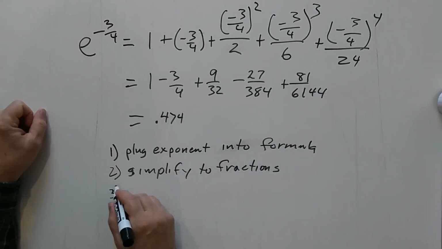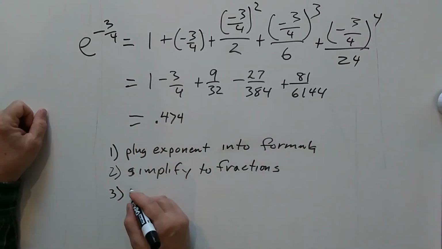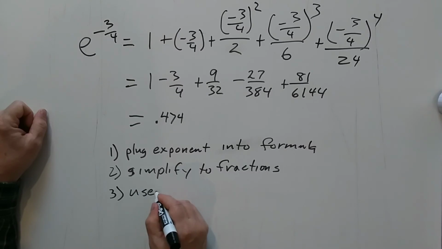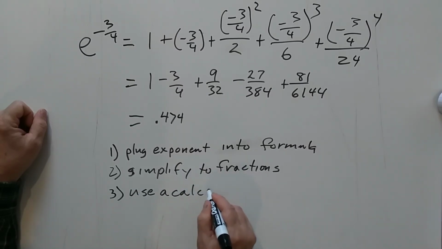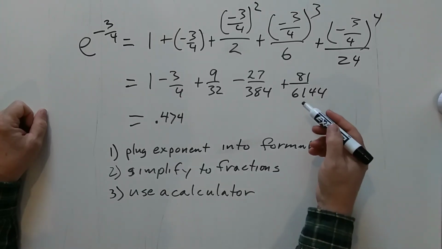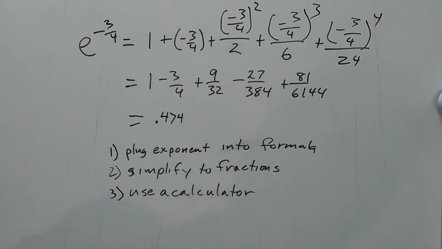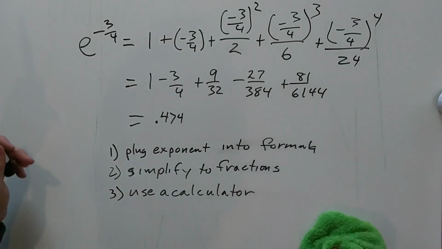Number 3, we could add up these fractions and divide. I just use a calculator to avoid all of the long division, etc. All right, let's take a look at another one, remembering these steps.